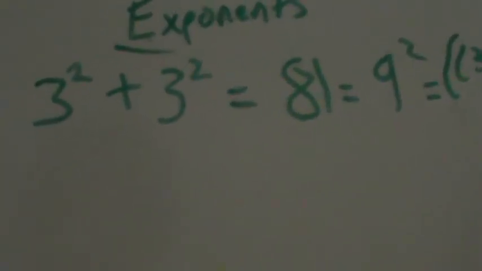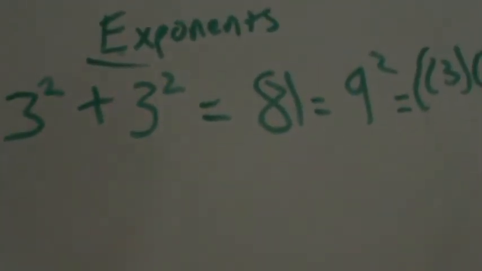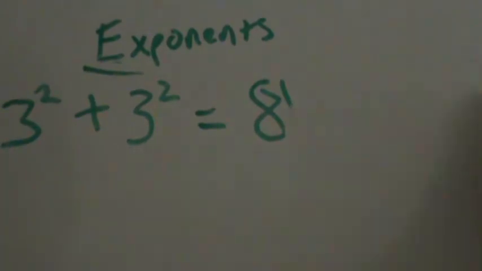Now let me show you a different situation, the situation that they have different bases, because I don't want you to think that you can only do this if their bases are the same. They just have to have the same exponents.